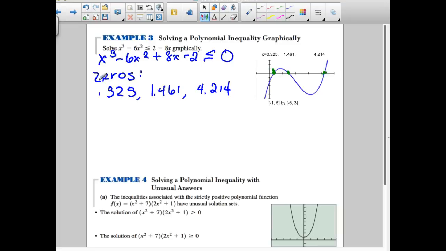All right, and the question that we're asked is, where are we less than or equal to 0? So for my graph, that means I could be in this part here, or I could be in this section here. Yes? I just don't want to be above the x-axis. Okay? I want to be less than or equal to 0. So on or below the x-axis.